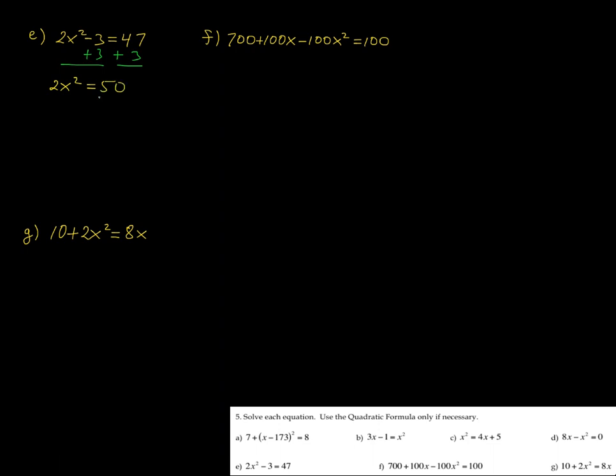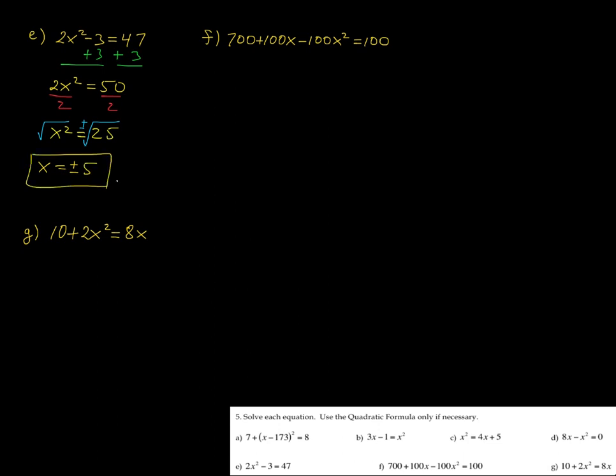We can then divide both sides by 2. And that gives us x squared is equal to 25. And then to finish, let's go ahead and take the square root of both sides. And so we have x is equal to plus or minus 5.